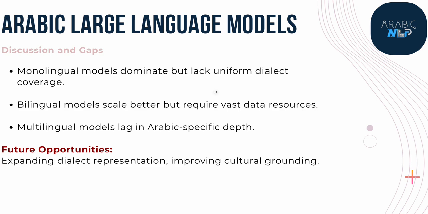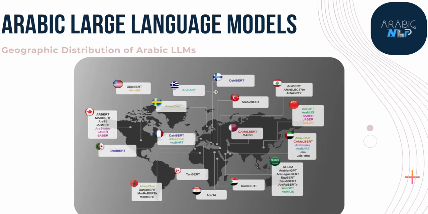So they struggle when it comes to Arabic-specific linguistic challenges. Now, expanding these resources, addressing dialect capabilities, and integrating culture, traditions, and religion are key to advancing Arabic LLMs further, in my opinion.